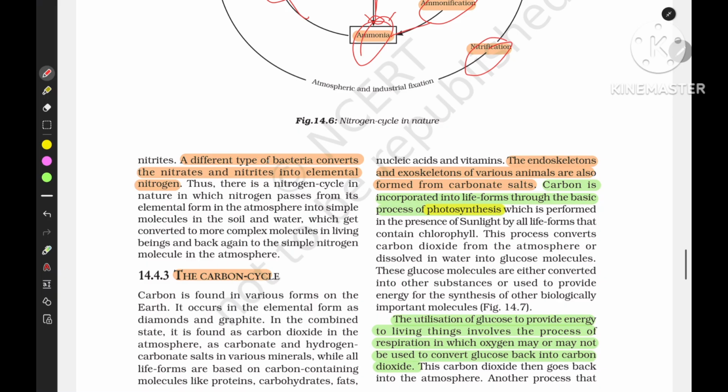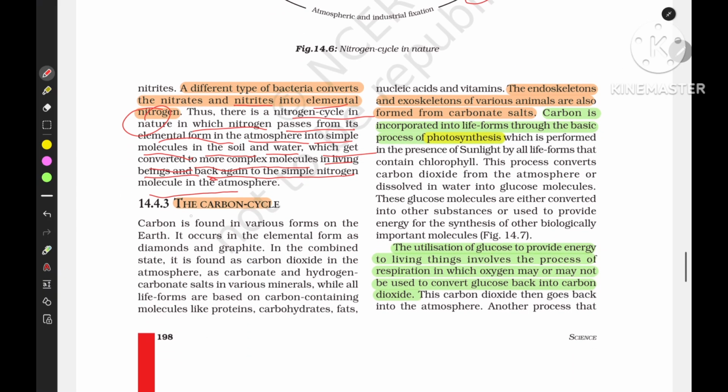A different type of bacteria converts nitrates and nitrites into elemental nitrogen. Thus, in the nitrogen cycle in nature, nitrogen passes from its elemental form in the atmosphere to simple molecules in the soil and water, which get converted to more complex molecules in living beings, and back again to simple nitrogen molecules in the atmosphere.